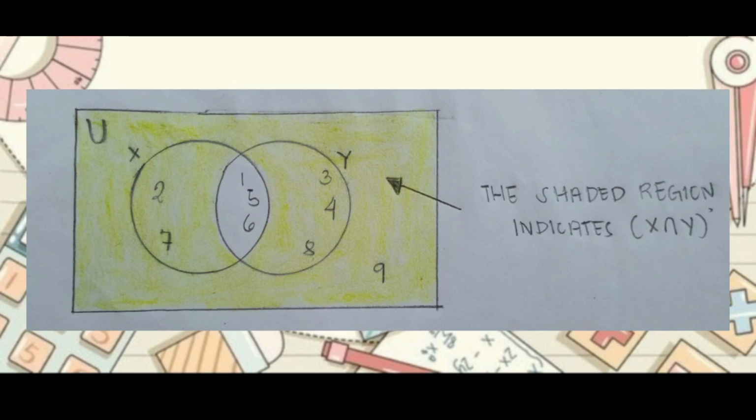Union X and Y. So the shaded region indicates (X ∩ Y)'.